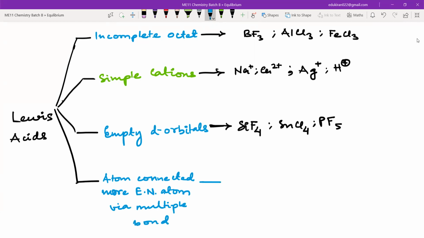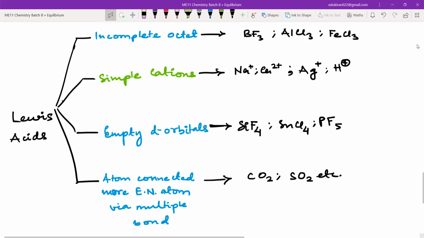So these are the 4 cases that will give you a Lewis acid. The examples will be CO2, SO2, etc. Okay, so these will be the examples. So I will give you examples of reactions in all of these cases.